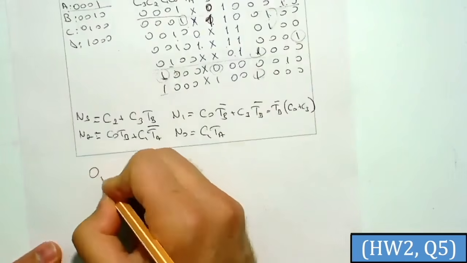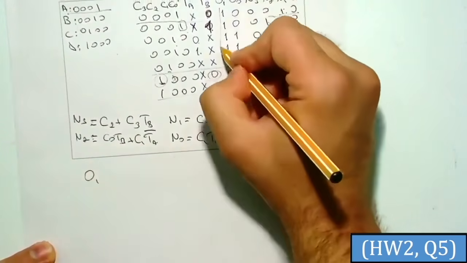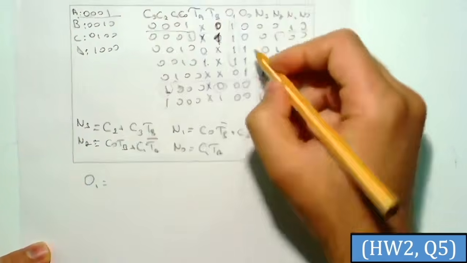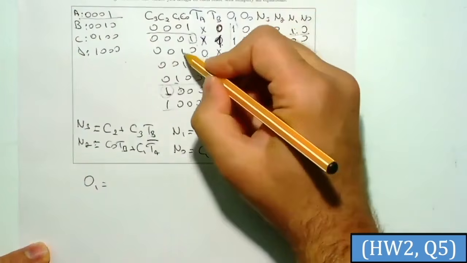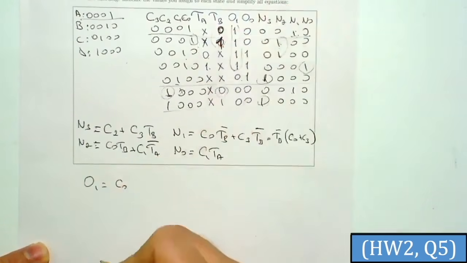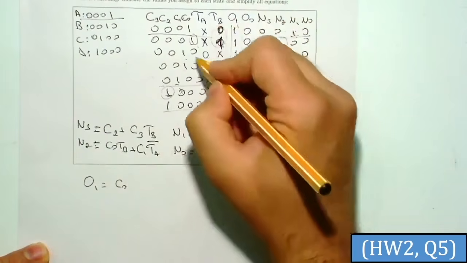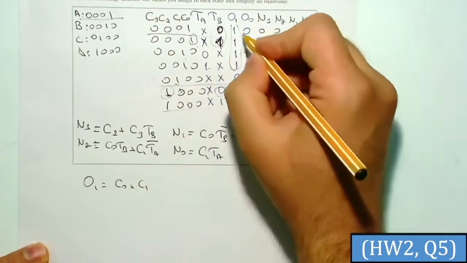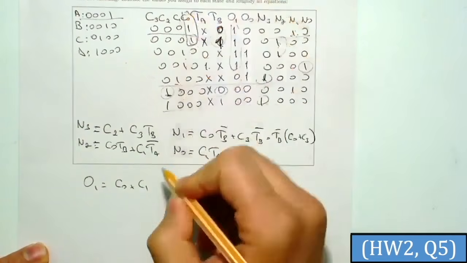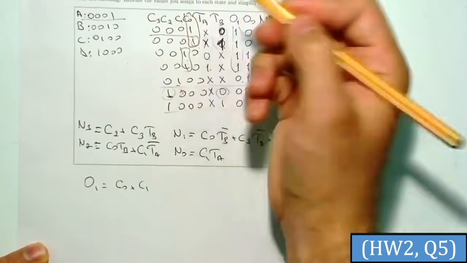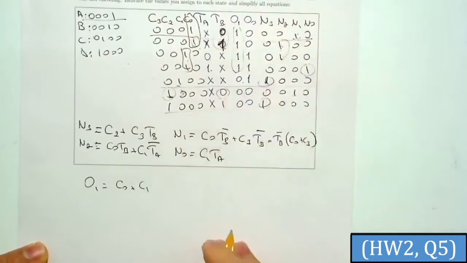And for the output, for output 1, I have 1 when either C0 is 1, and it doesn't depend on the TA or TB, or when C1 is 1, right? Can you see that? So O1 is 1 when either C0 is 1 or C1 is 1, right? For the C0 rows, the TA is a don't care, and TB also doesn't change the result.